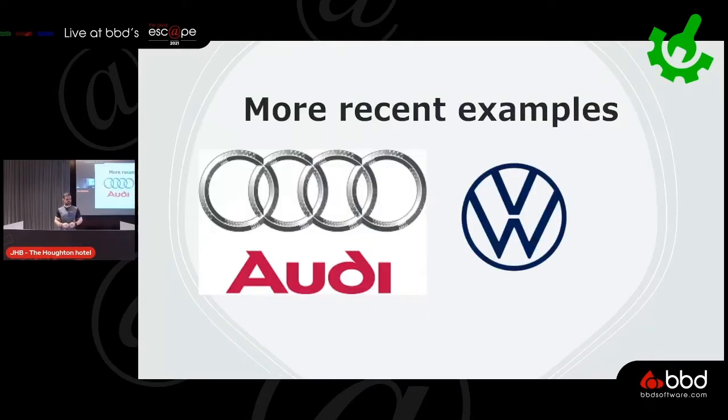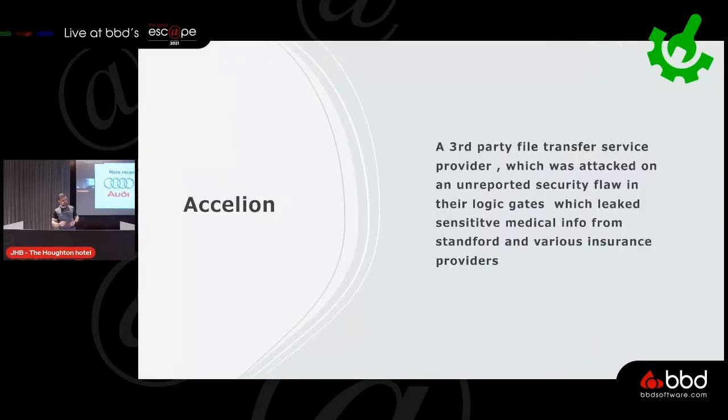More recent cases, for example, are Audi and Volkswagen, which had 90,000 of their private records leaked through a third-party database package in one of the open source CI/CD pipelines. Another one is Accellion, a third-party file transfer service, which was attacked through an unreported, unfortunately, security flaw, but in their logic gate, which the article also stated was an open source package. It leaked sensitive medical info from Stanford and various other insurance institutions.